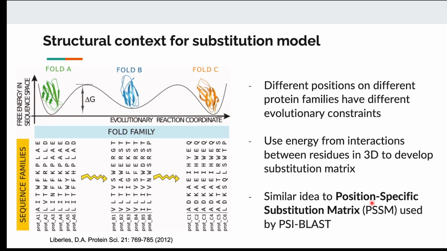So in the context of evolution, people also try to come up with a similar idea as PSI-BLAST. They want to create a substitution model that has position-specific scoring, similar to the concept of the position-specific substitution matrix that we saw earlier.